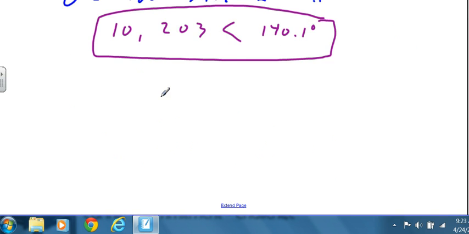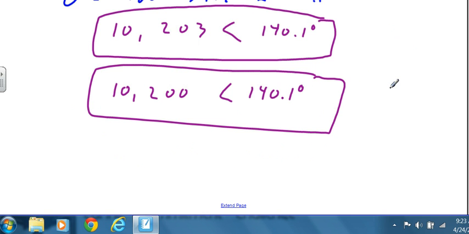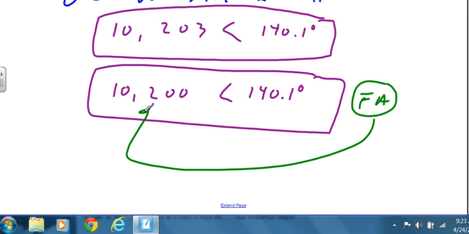So as a final answer, I'd have to go 10,000 and that angle. That would be my final answer because I can only have 3 significant digits in my magnitude. Okay, good enough?